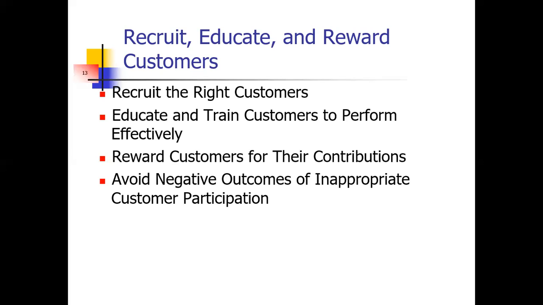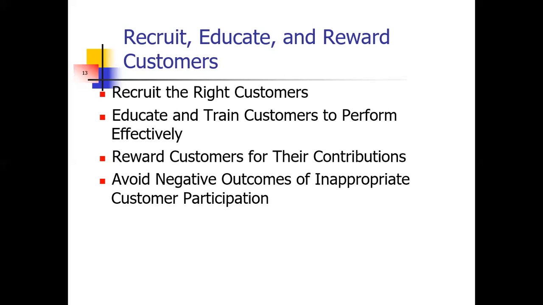Then moving to the next point, self-selection is very important because it enhances customer participation and results in enhanced perception of service quality by the customer. The second is that you have to educate and train the customer to perform effectively. When the customer is in your service premises, you should educate and train them how to use technology, different systems, processes and machinery there.